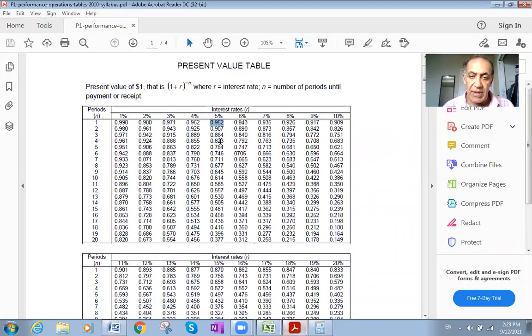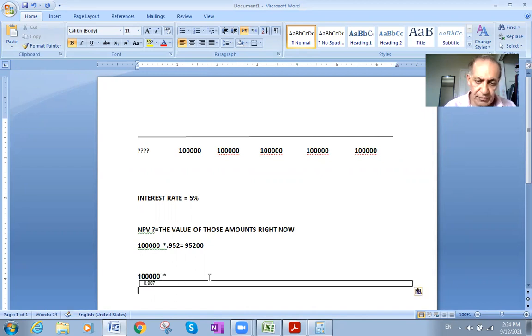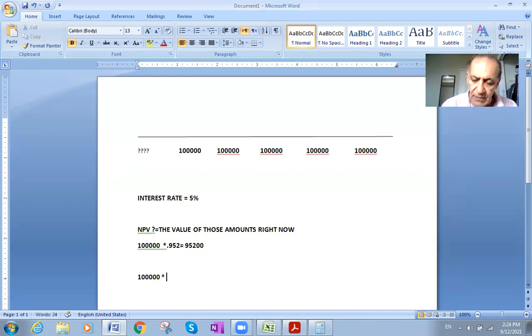Under 5%, this time I will take the second year, and this is the number. I copy it, go back here and multiply it: 0.907, that's fine. Equals. Then I will take it to the calculator as well and multiply directly to see how much it will be.